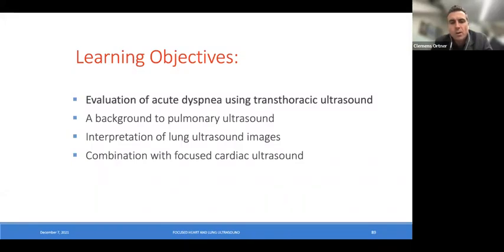And last but not least, I really want to emphasize the usefulness, when you do a lung ultrasound and identify an abnormality, of combining it with a cardiac ultrasound. That gives you really the most information and diagnostic benefit.